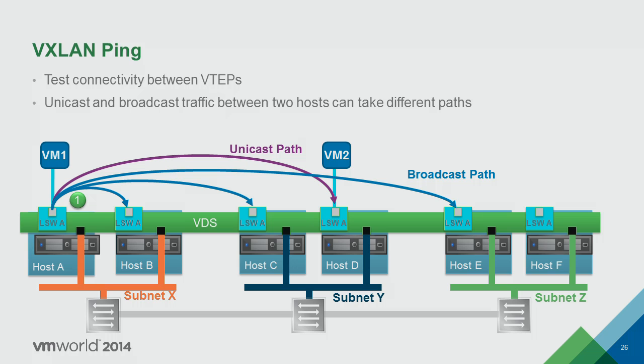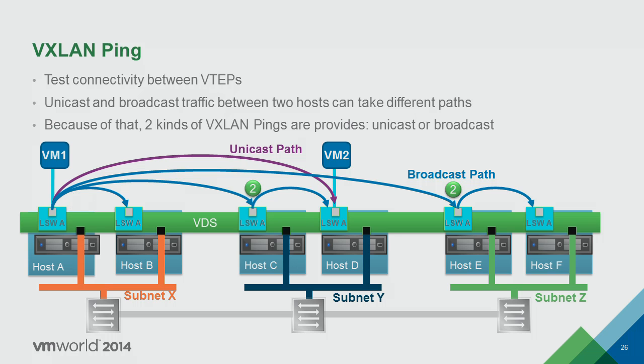And it in turn would forward that to all the local elements of that logical switch that exist on its subnet. That would be the second stage. Then each of the second hosts would respond back to host A. So that's pretty much how the 2 different kinds of traffic are handled. Your regular data traffic goes the same way, and our VXLAN ping also follows the same path.